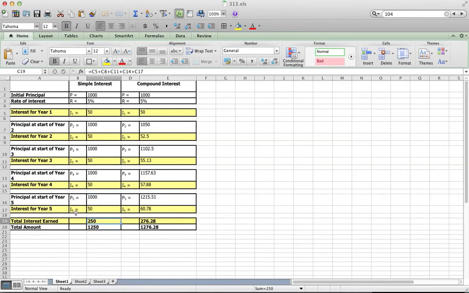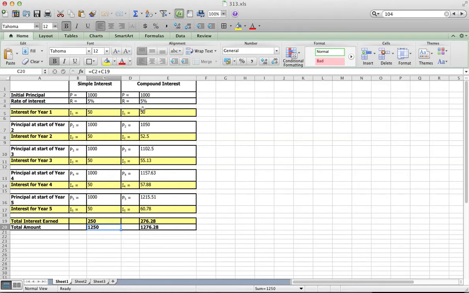So at the end of my term, at the end of 5 years, if I invested that $1,000, my interest will be $250 and I will have earned $1,250. Or I will have to pay back $1,250 depending on if I'm borrowing or if I'm investing.